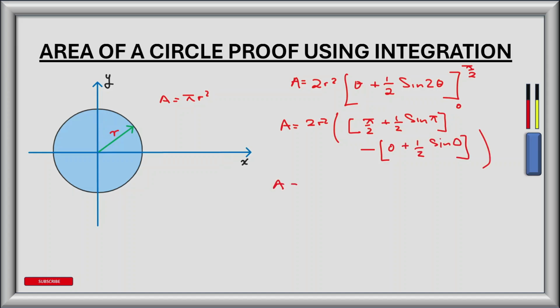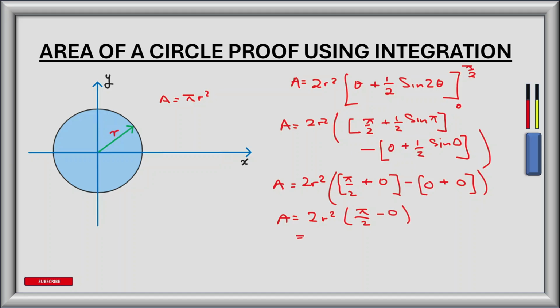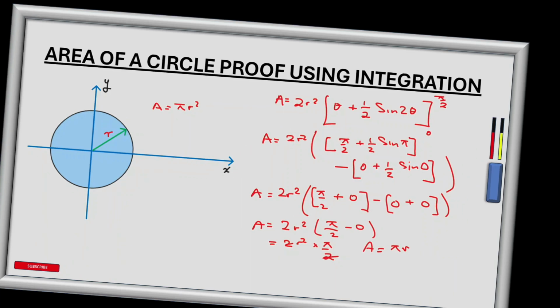Looking at the first expression, we have pi by 2 plus a half times the sine of pi. The sine of pi is 0, and the sine of 0 is 0, multiplied by a half is also 0. That leaves us with the area equal to 2r squared, pi divided by 2 minus 0, which is equal to 2r squared multiplied by pi divided by 2. The 2's cancel out, and our area is equal to pi r squared.